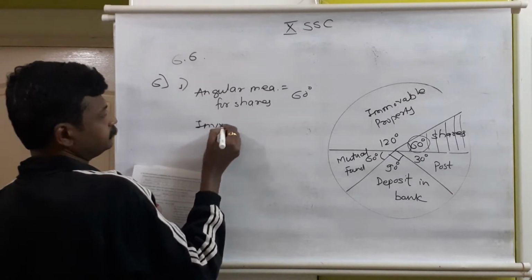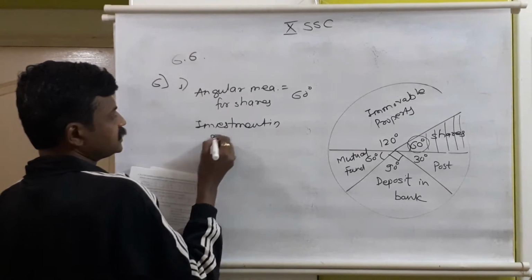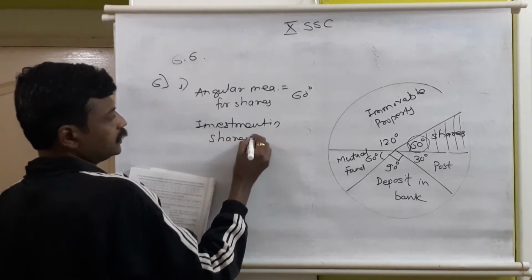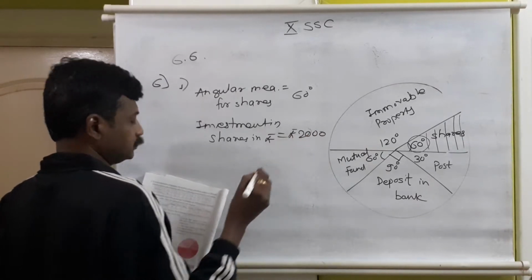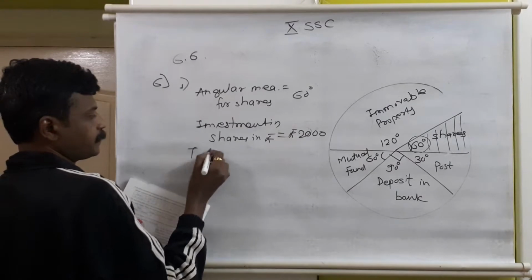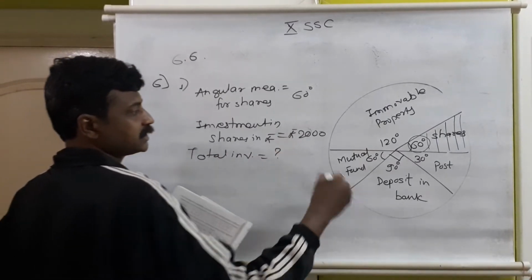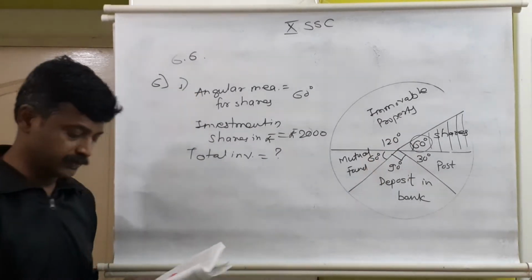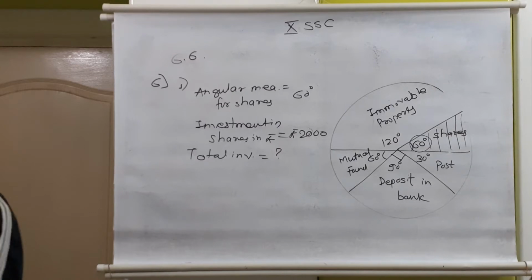The investment in shares in rupees is equal to rupees 2000. The question is to find the total investment, that is, the overall investment, how much is it.